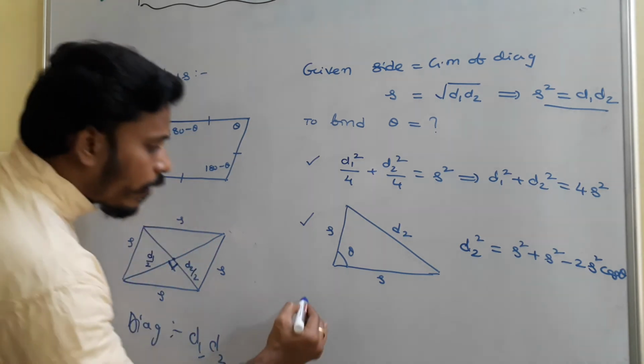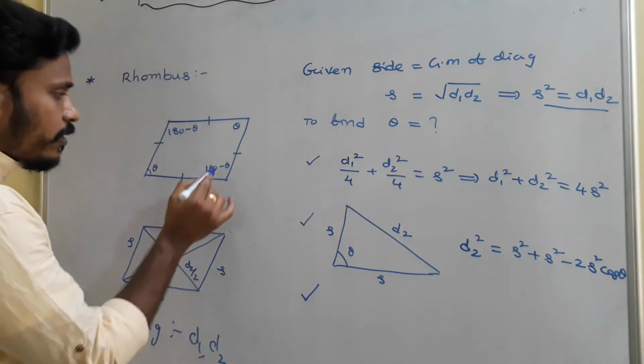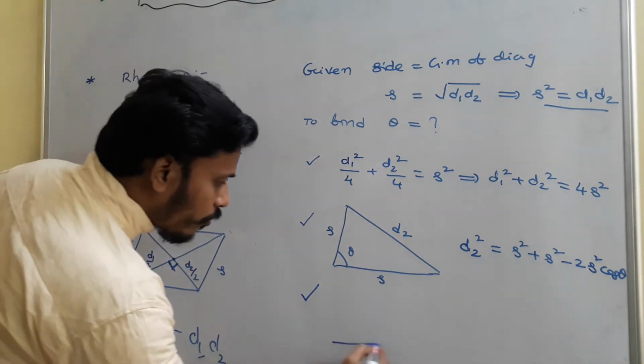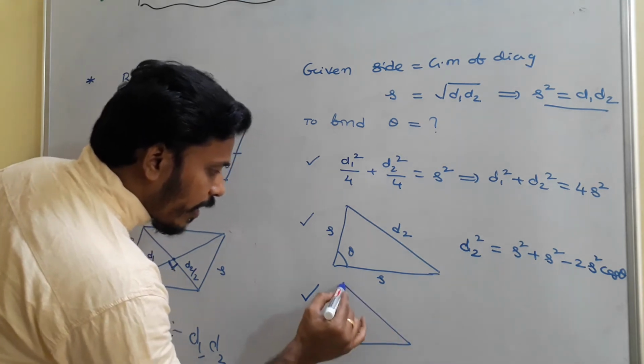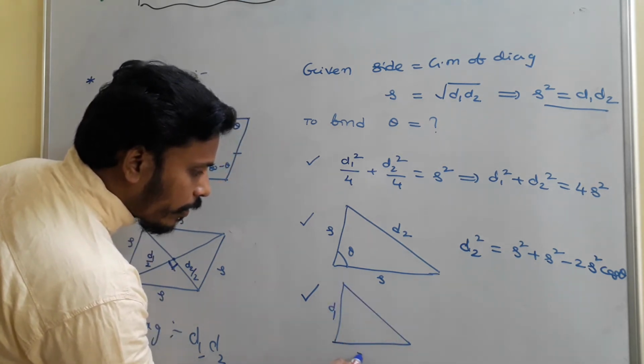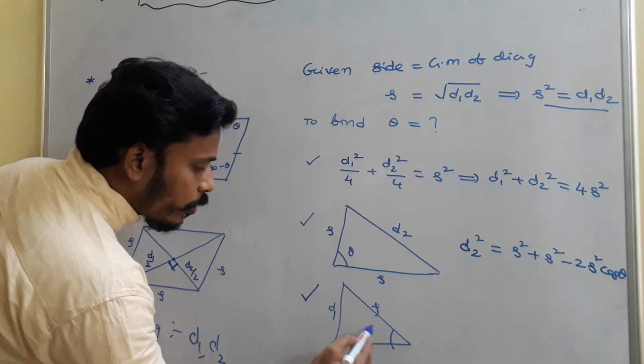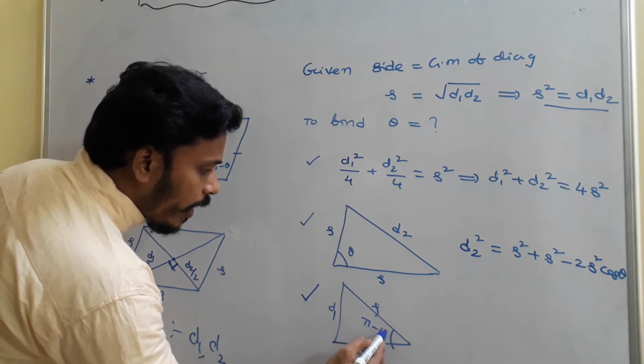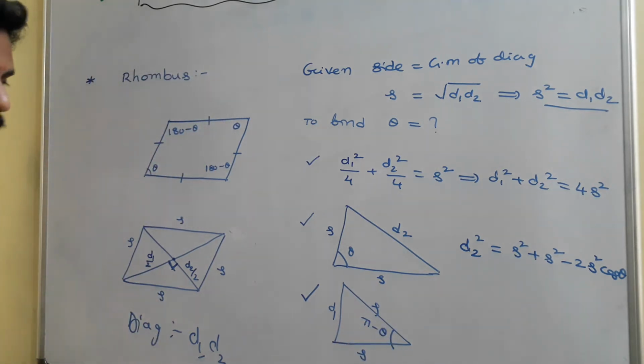And then involving d1, this angle is 180 minus theta, or you may take pi minus theta.